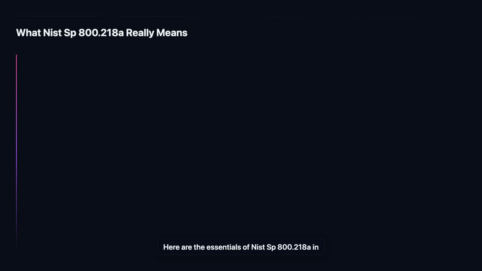Here are the essentials of NIST SP 800-218A in plain language, what it is, and why it was introduced. SP 800-218A is a community profile that augments the Secure Software Development Framework version 1.1. It adds AI-specific practices, tasks, and references on top of SP 800-218, so the two documents are designed to be used together rather than separately.